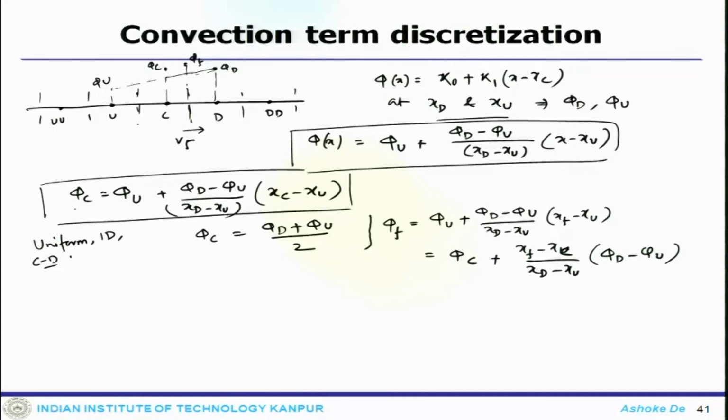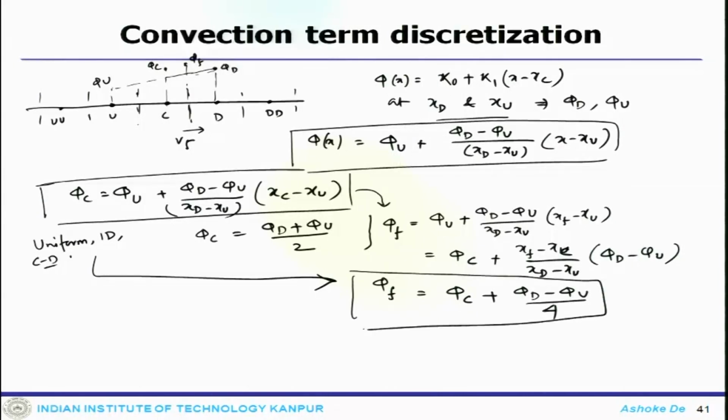You use this information and for the uniform grid it reduces to phi f equals phi c plus phi d minus phi u divided by 4. That is what you get for a uniform system.